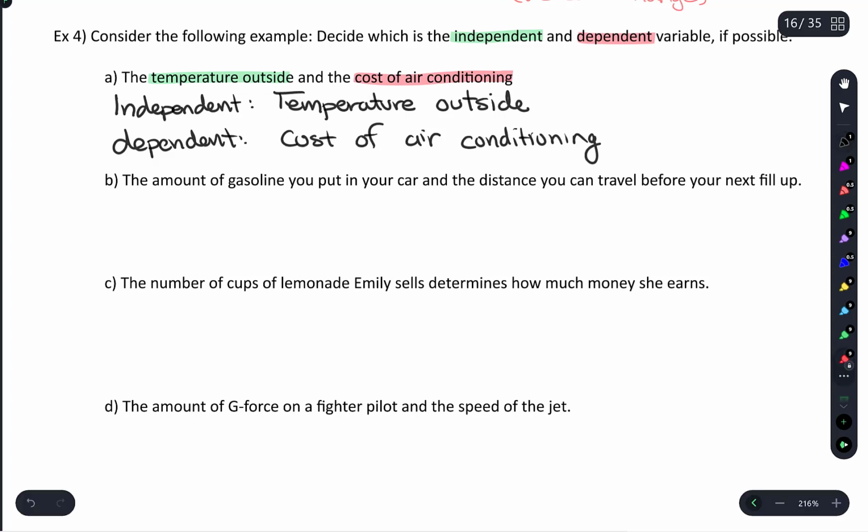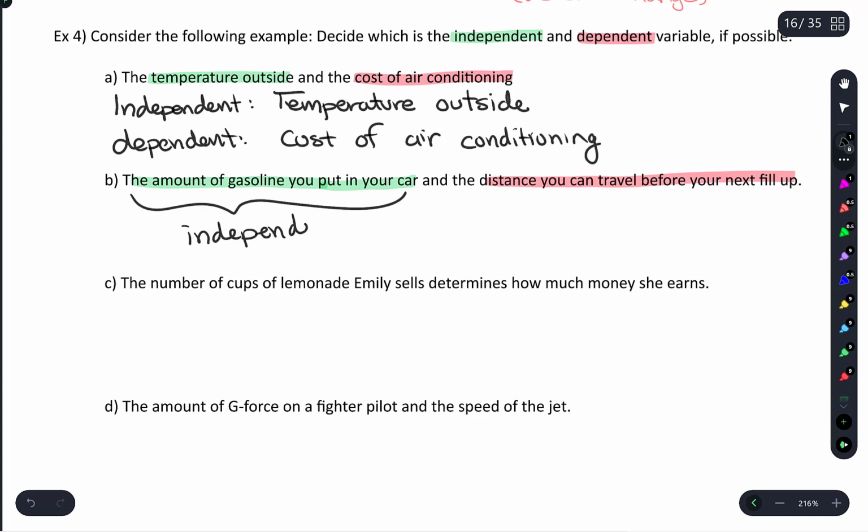So I'm going to say the distance that you can travel is going to be my dependent variable, and the amount of gasoline that I put in my car is my independent variable. So I'm just going to put here that this is my independent. Oops, let's fix that. Independent variable, and this would be my dependent variable.